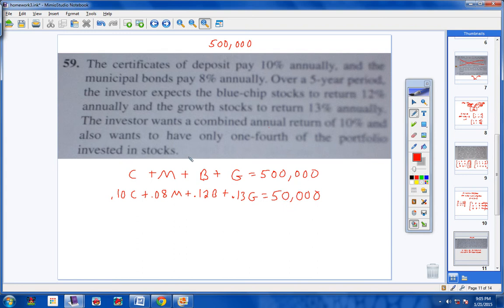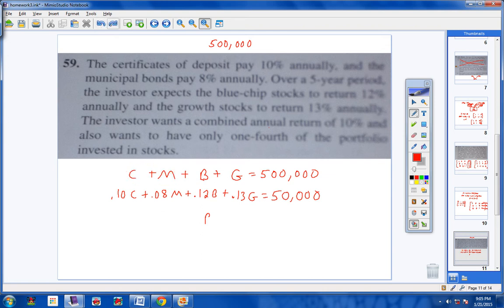Now, he also wants to have only 1/4 of the portfolio invested in stocks. So, watch this, this is a bond, and this is a certificate of deposit. I don't know what that is, but it's not a stock. And municipal is a bond. So these two here are not stocks, okay?